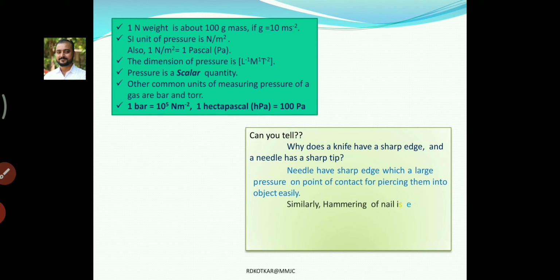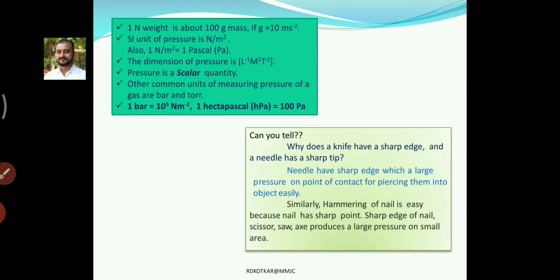Similarly, we can give other examples, but before that I have to explain this. The needle has a very small and sharp edge, and the knife also has a sharp edge. If they have a sharp edge, it means they have a small area of contact and they can exert more pressure, as we saw previously: pressure and area are inversely proportional to each other.